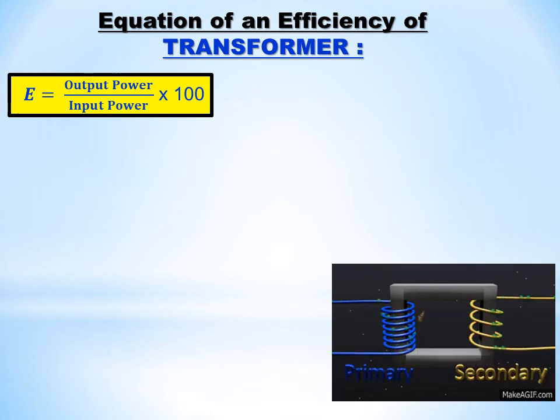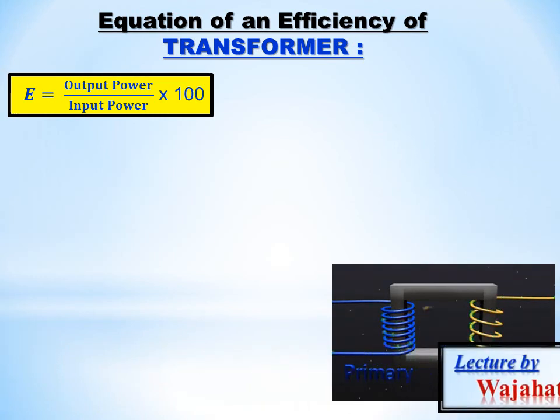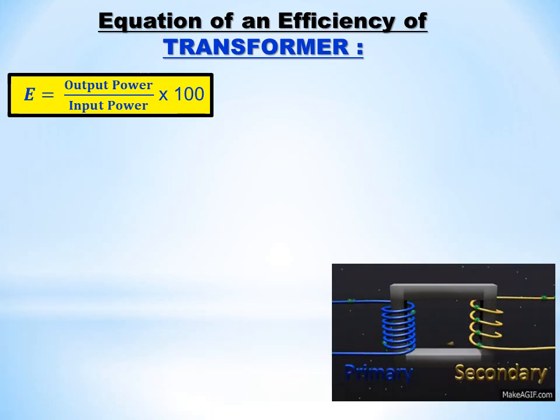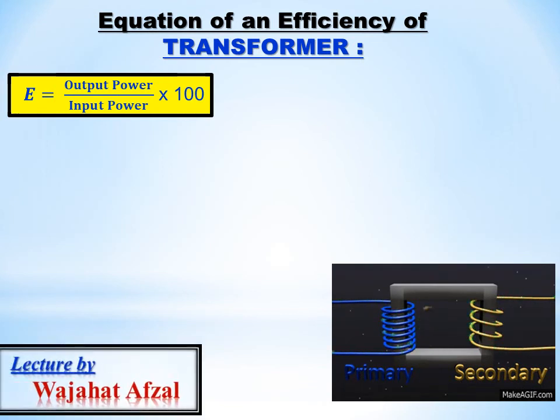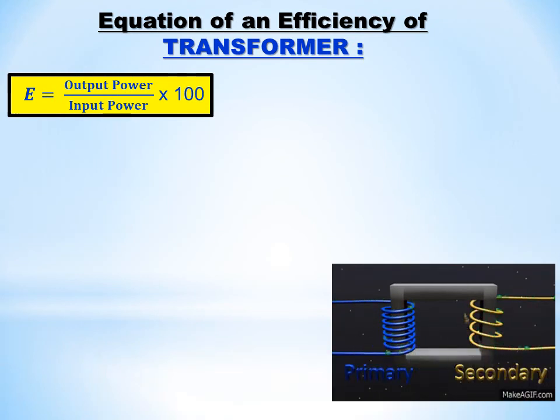Output is work and input is also work, but if we divide output work by time, then we get power, because power is work upon time. So in a transformer we write its formula in terms of power instead of work. So efficiency of transformer is output work divided by input work. Output means secondary power, input means primary power.